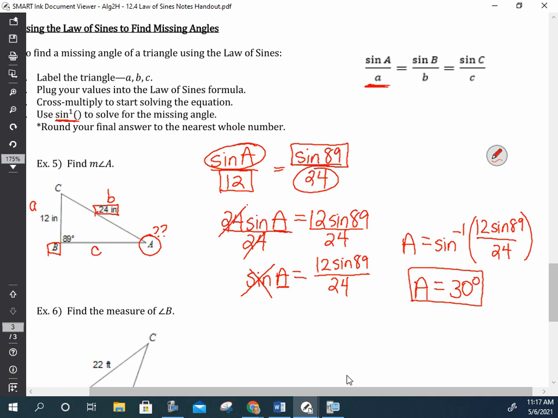So angle A is 30 degrees. Please make sure you put the parentheses in the right place when you are dividing out, putting it in the calculator. That's the easiest way to make a mistake. Any questions on example 5 before you try 6 yourself?